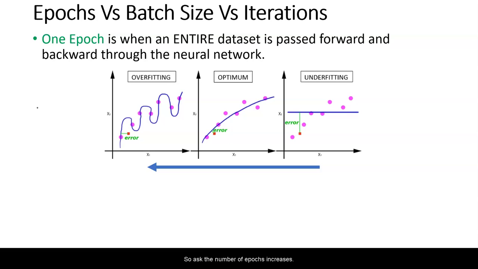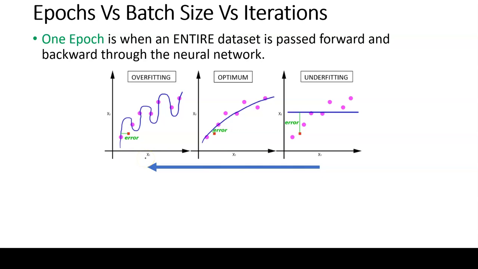So as the number of epochs increases, the weights are changed more times in the neural network, and the graph moves from underfitting to the correct or optimum fit, to overfitting.